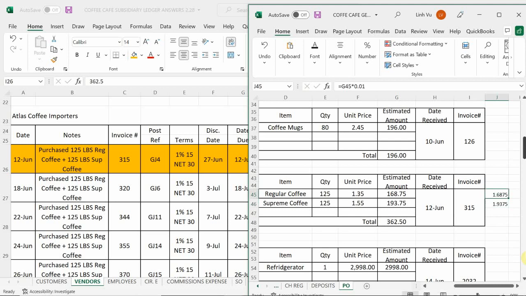So I have 168.75, so I can make this 169, and I can take a discount here. This one could stay.